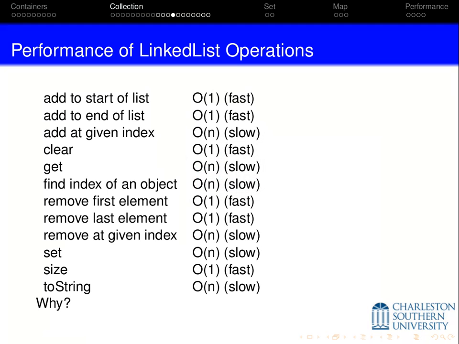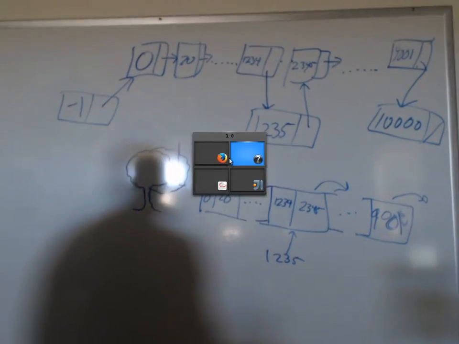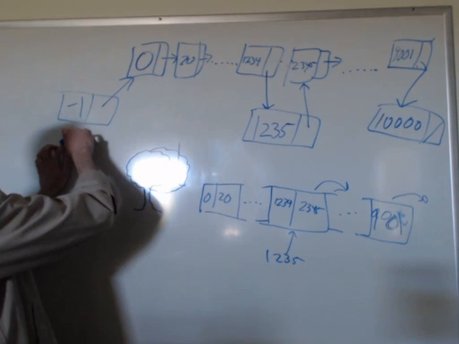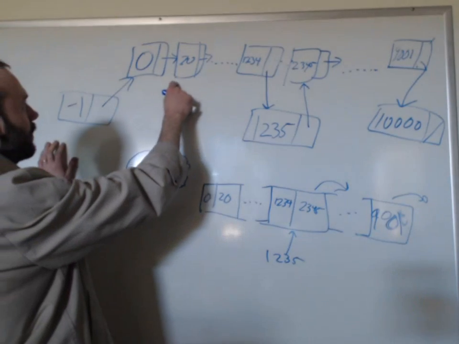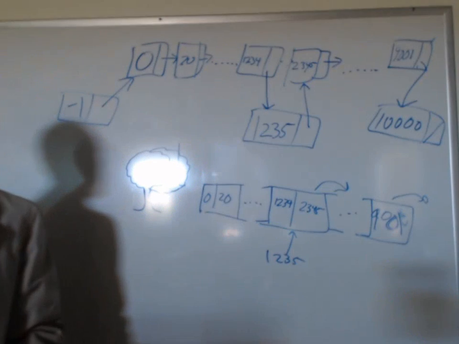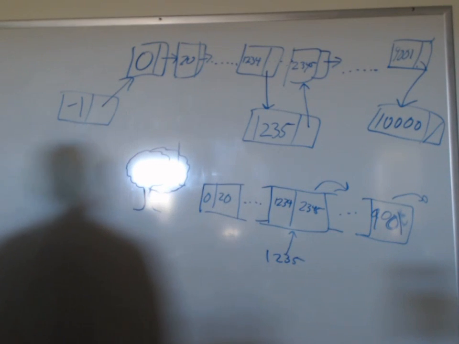Hold on. Insert. Add at a given index. Why is that considered slow? Because you have to iterate first. That's the problem. If I wanted to add right here, I would need to start from this guy, go, nope, not there yet, not there yet, not there yet. Yeah, I found it. So you still have to iterate n times before you can insert it.